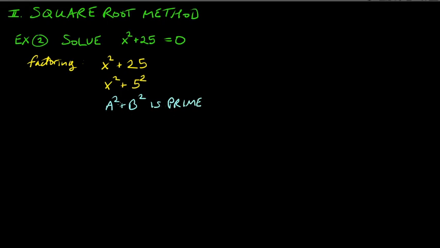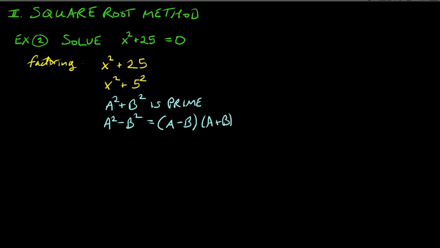We already said that we cannot factor it. You might have been thinking of a squared minus b squared, which indeed does factor as a minus b times a plus b. But because it's a plus sign and not a minus sign, it's prime. It's not factorable.